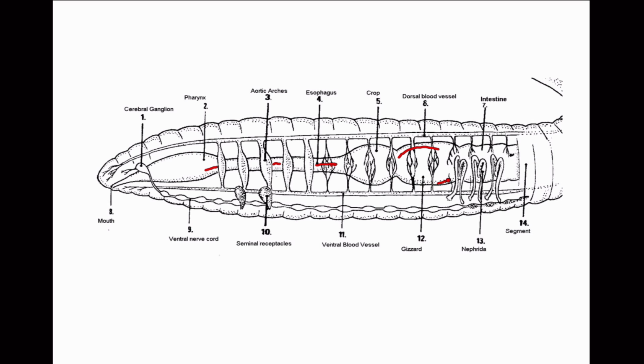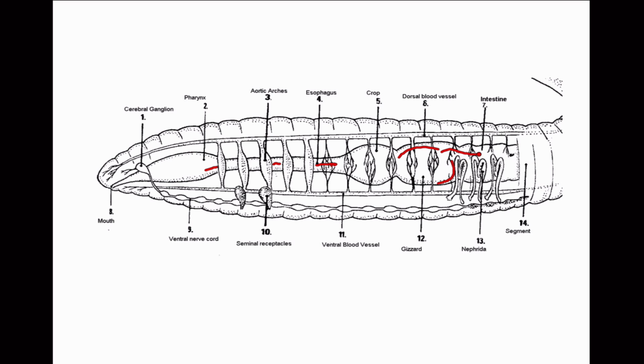And the gizzard, right in here, this large region back here, is going to really mix that around and start to pull out the nutrients from the dirt and the soil that the earthworm has ingested.